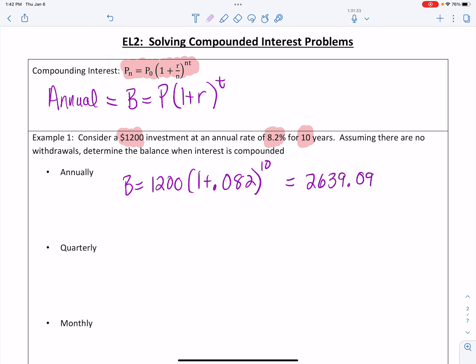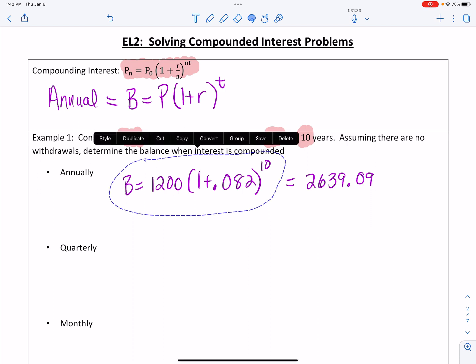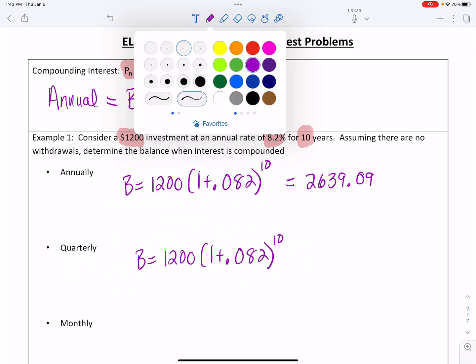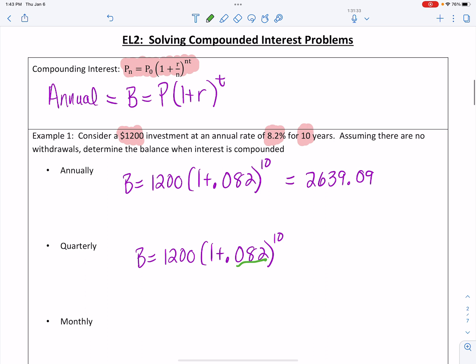Okay, so now if I do quarterly, I'm going to save myself a little time here because I'm going to copy this and paste it down here. If you do quarterly, it's the same equation, but you're going to divide this by 4 and multiply this by 4. Because if you're doing it quarterly, you're not doing it 1 time a year, you're doing it 4 times a year, so you cut that percentage up.